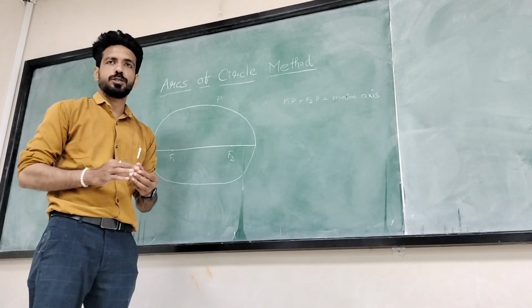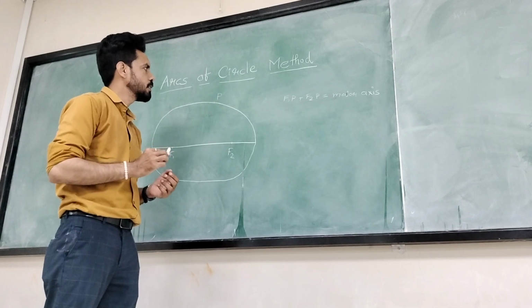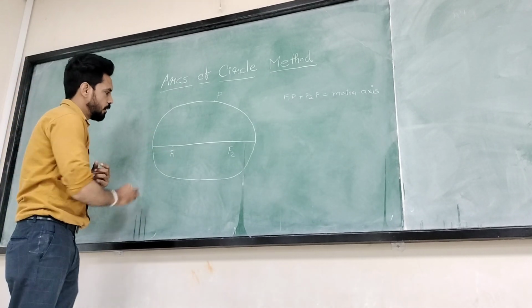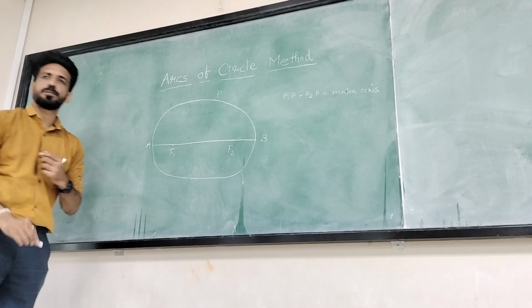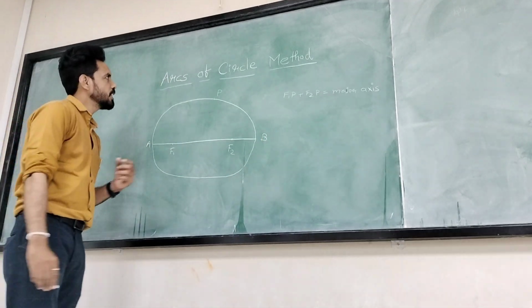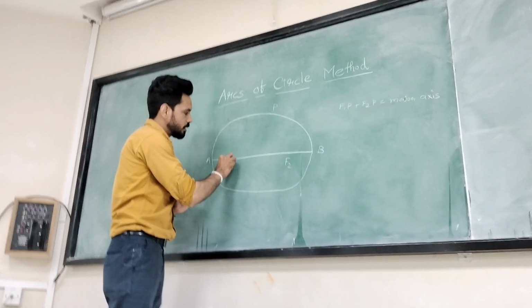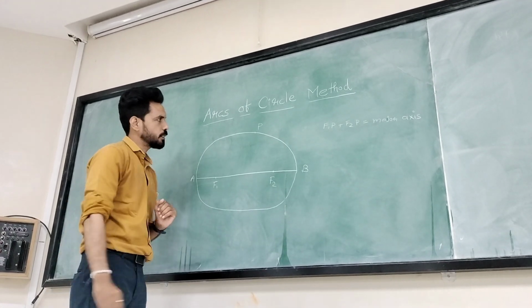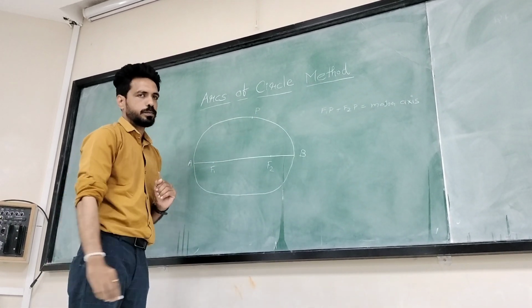So today we are going to see the arcs of circle method of constructing an ellipse. Now as you already know the basic terms of ellipse, where A and B is equal to your major axis, and in the arcs of circle method, basically these two points F1 and F2 are your focal points, and let's say P is a moving point.